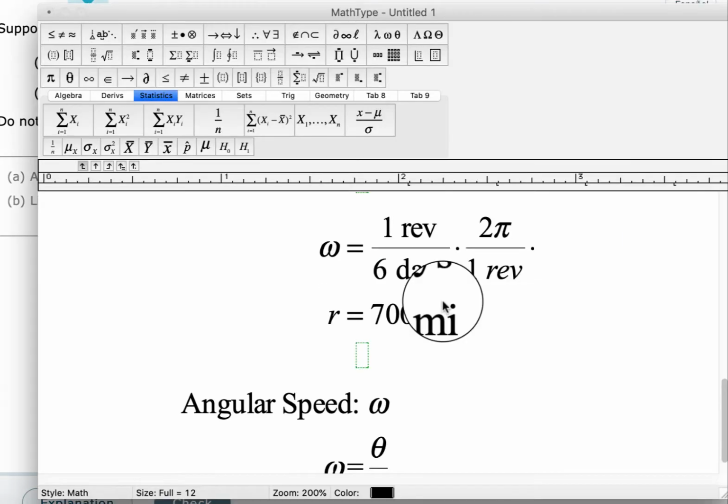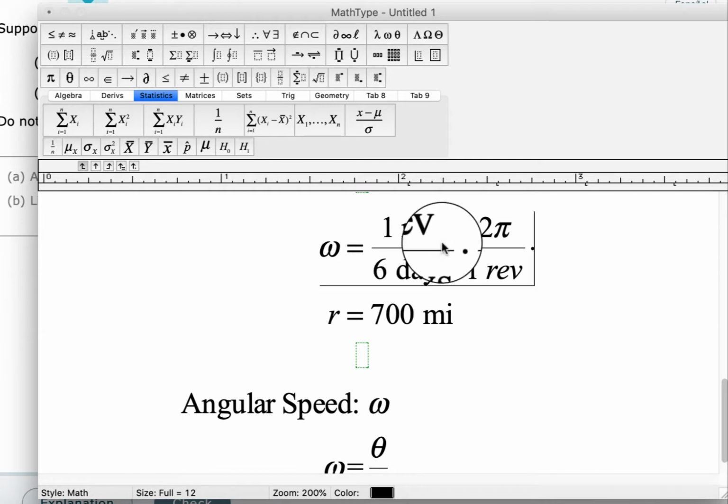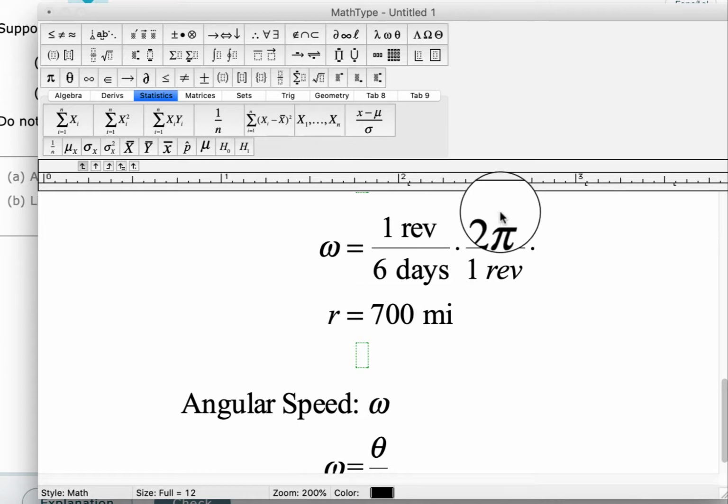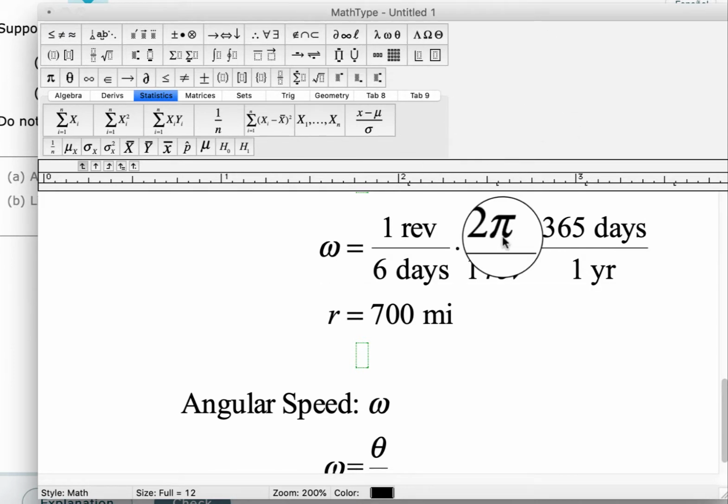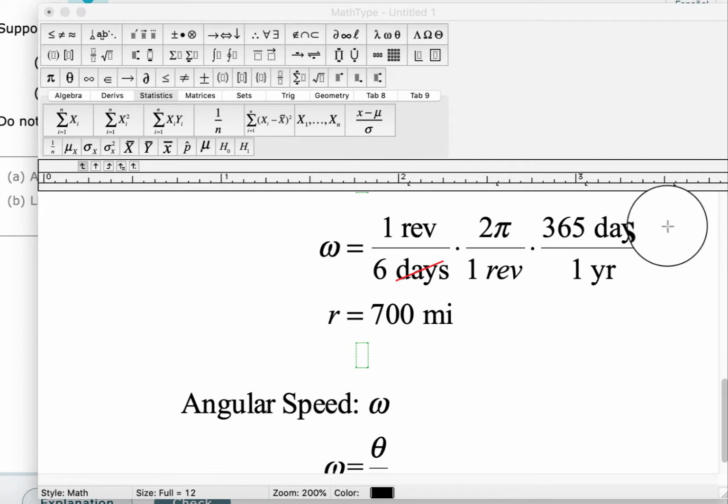I have per year. Well, there's a relationship between days, which I have in the numerator, and years. And it turns out there are 365 days in 1 year. So we'll capture that. So now my units will cancel. The days will cancel. The revolutions will cancel. And so I have 2 pi times 365 over 6, and it's going to be in radians per year.